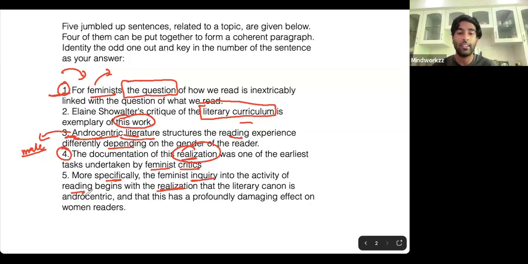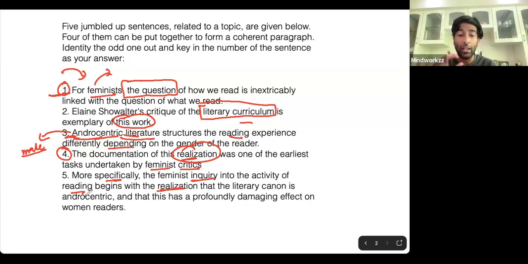Of course, if things are written considering the male population, and females read these things, they will have different kinds of opinions, right? They will feel that they are not being looked after, they're not being kept as the main idea of what they're reading, and they will come to different kinds of conclusions.